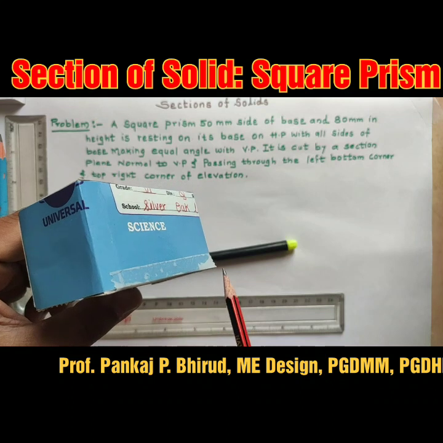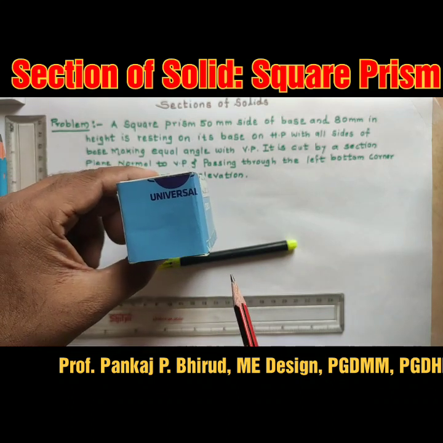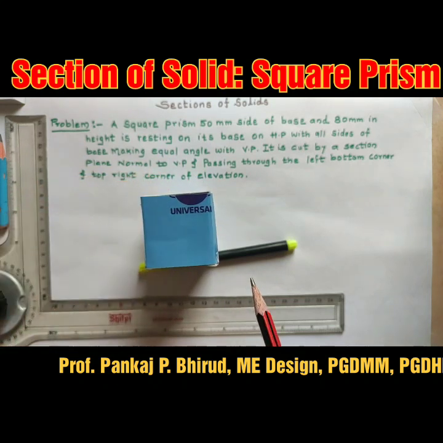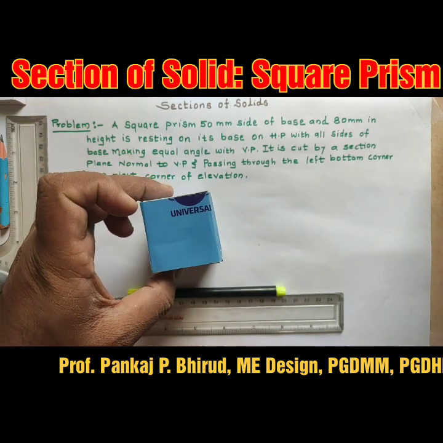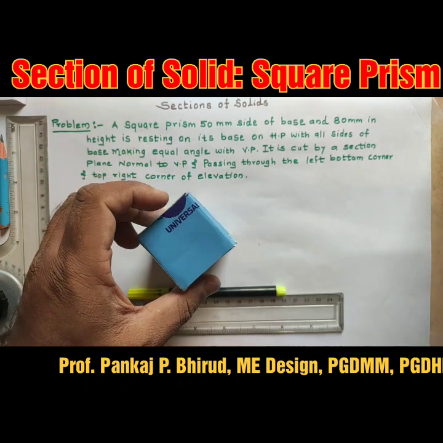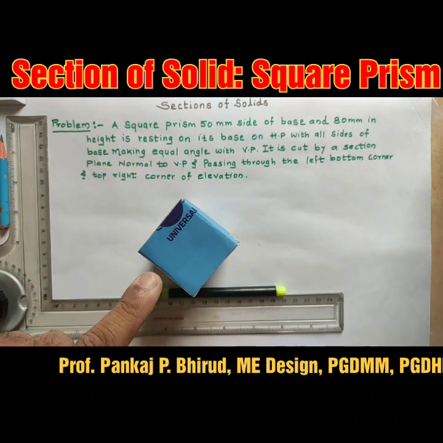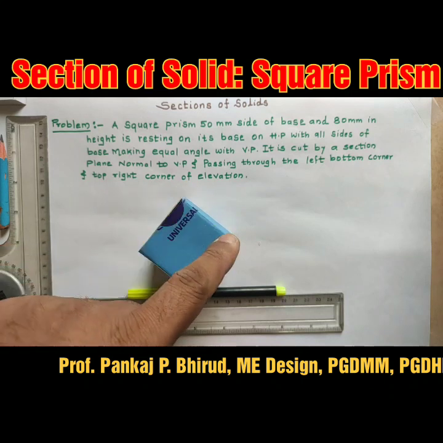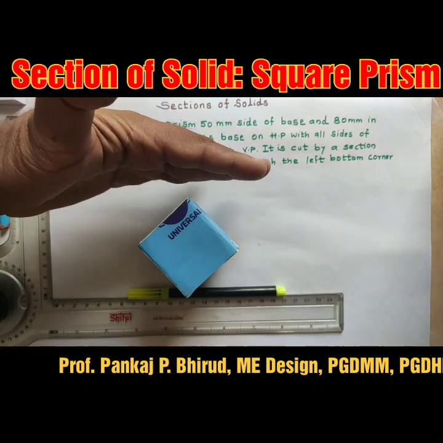So this height is 80 mm and resting on its base on HP with all sides of base making equal angle. So we'll place it in this way. In this way this square prism is resting on HP with all sides making an equal angle with VP.